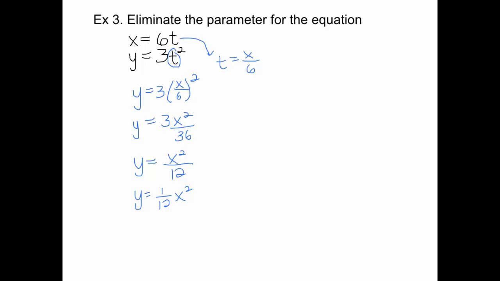We now only have x's and y's. We've eliminated the parameter, and notice what we have. We have a parabola. Would you have guessed that we have a parabola from the original parametric equation? Perhaps. Notice that the y position is defined by a quadratic function, where the x is defined by a linear. Okay, so not both of them were quadratic, just one of them. Again, something to think about for later.